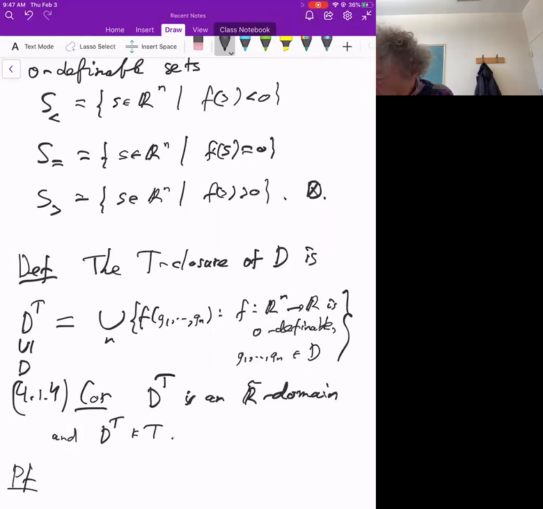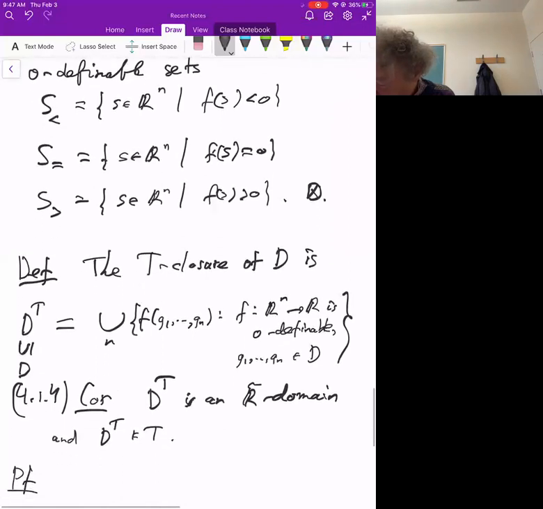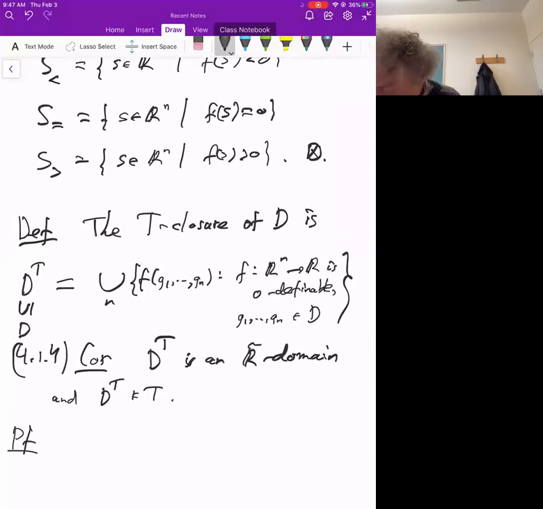And since we are in a ring, well, it's clear from the previous lemma that this is an R tilde domain.